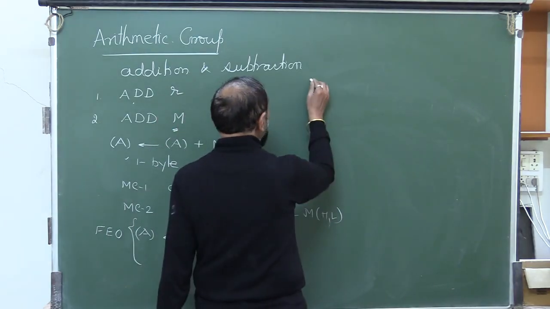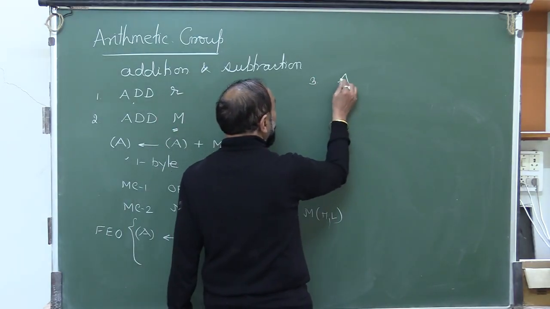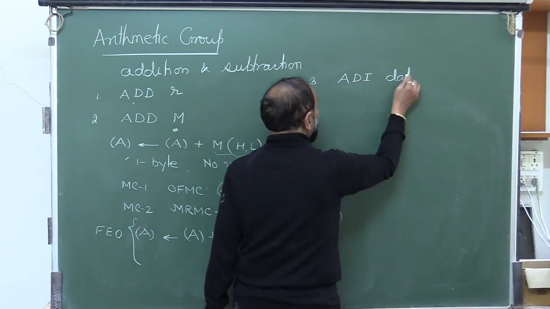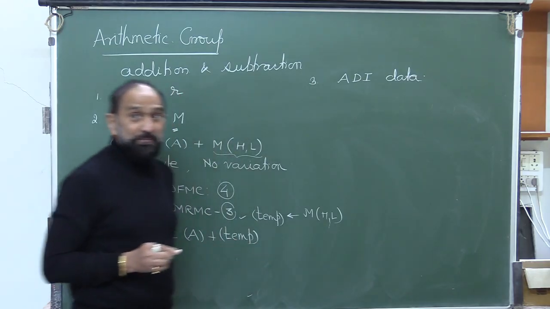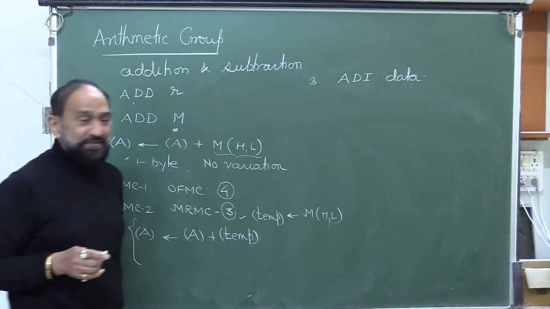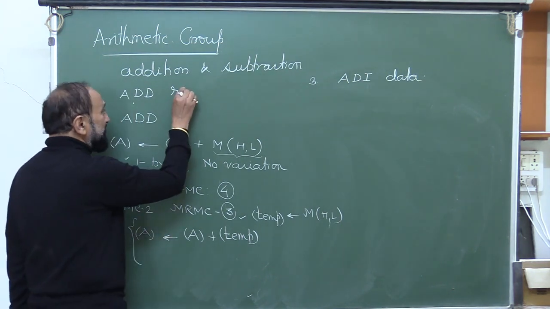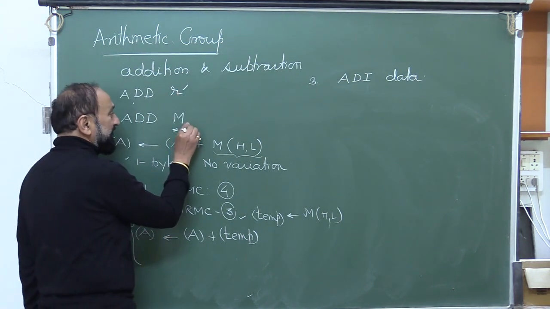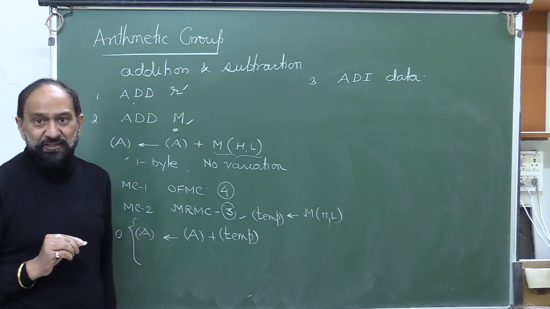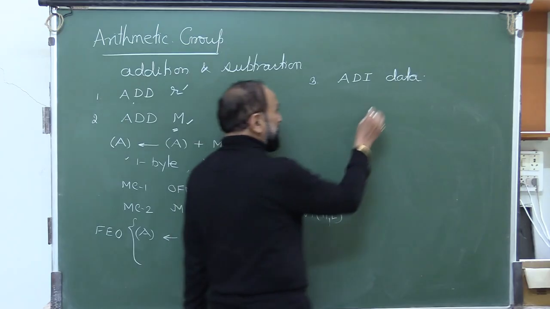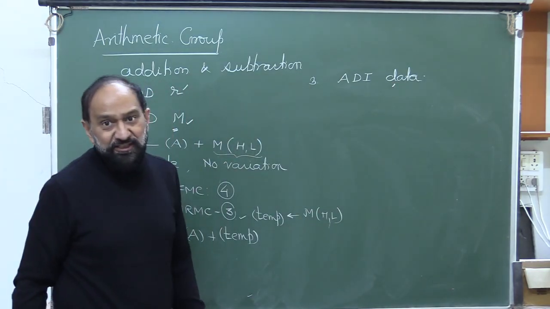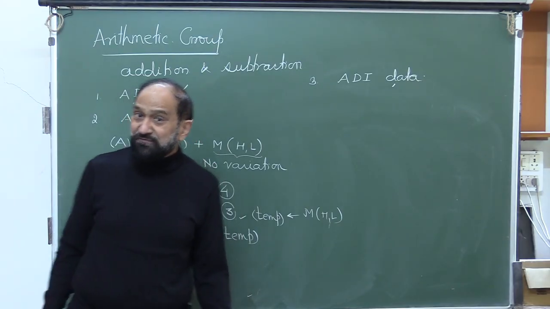Similar to these two, there is a third instruction which is called add immediate data. Remember, the second operand may be present in an internal register. It may be present in a memory pointed by HL register pair. Second operand may be present in the instruction itself, and accordingly the addressing modes will be defined.